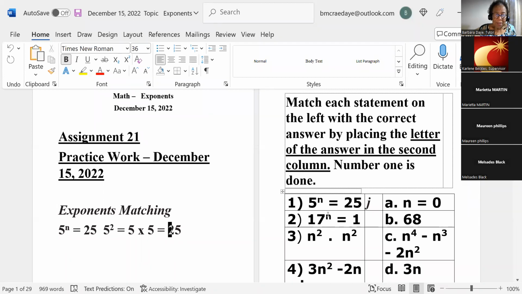What must be this power value? 17 to what number gives you 1? What must be the value of n such that 17 to the n power equals 1?